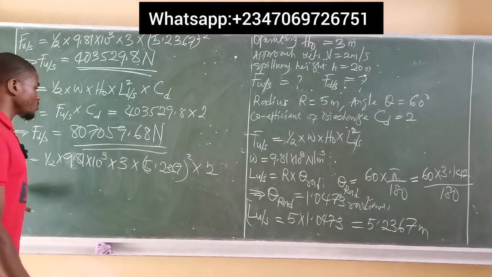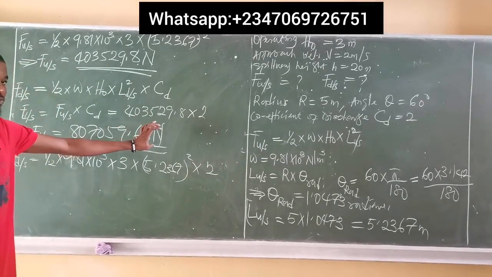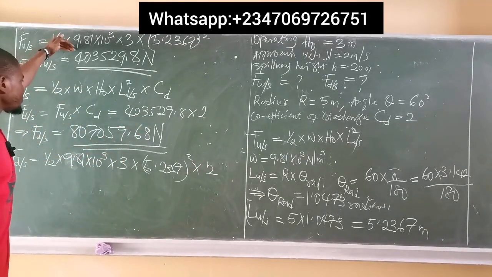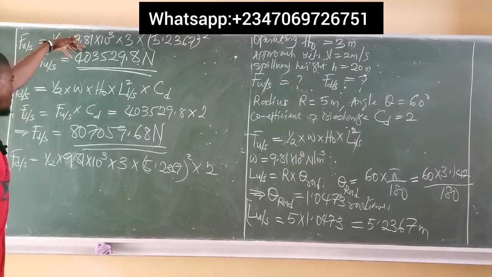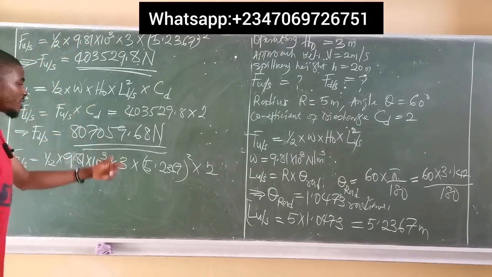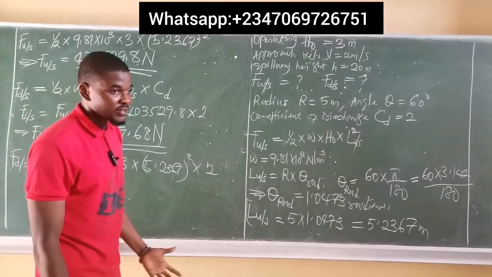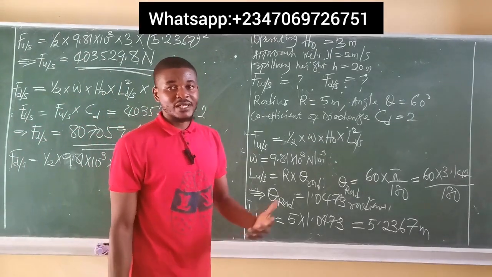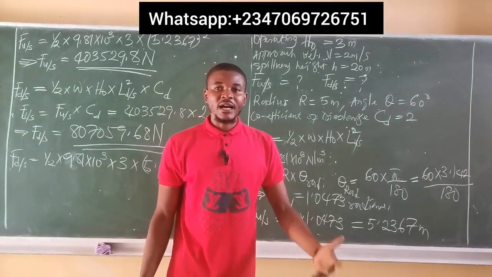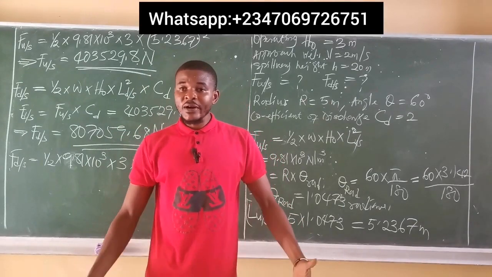Whichever way you go, you will obtain the same result, or you simply multiply the upstream force by the coefficient of discharge. That's how you calculate the pressure force and the dynamic force at the upstream end and the downstream end. All right, so that's it.